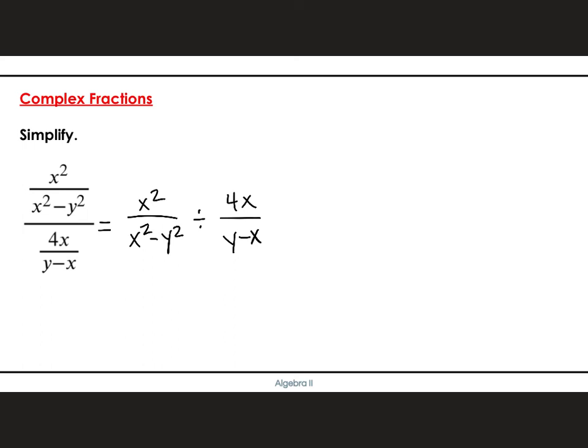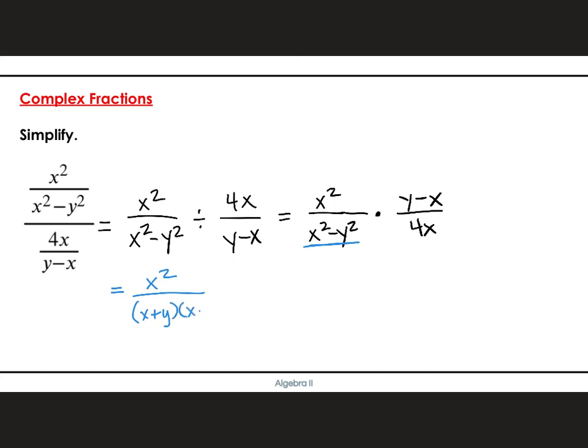And again, this is division, so I'm going to keep the first fraction, x squared over x squared minus y squared, and then multiply it by the reciprocal of the second one, so y minus x over 4x. And x squared minus y squared can be factored. So that's going to be x squared over x plus y, x minus y, and then times y minus x over 4x.